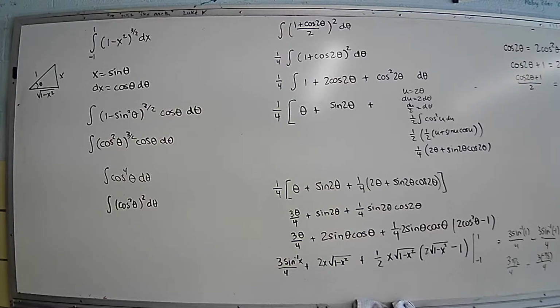So that's 3 pi over 8 plus 3 pi over 8, or 6 pi over 8, or 3 pi over 4.